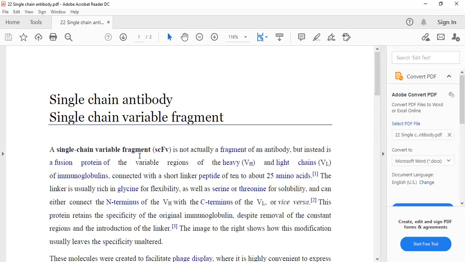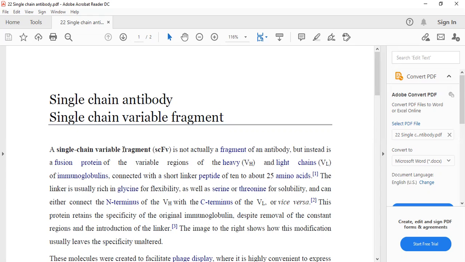So only the variable region will be changed, not the whole antibody. Only the variable region will determine the type of antibody. Depending on these fundamentals, some antibodies are designed in which the variable regions are fused.